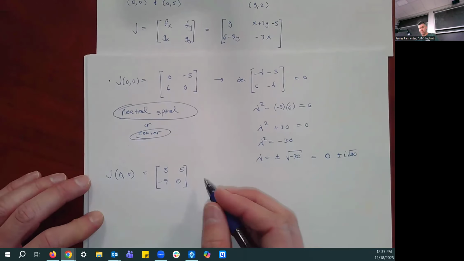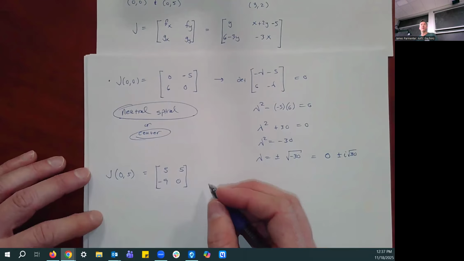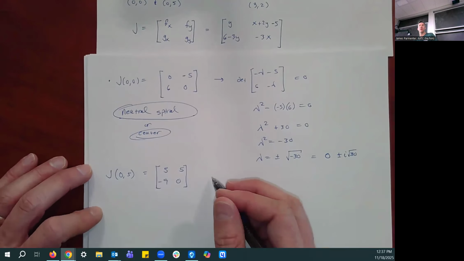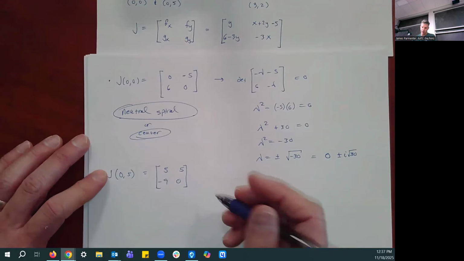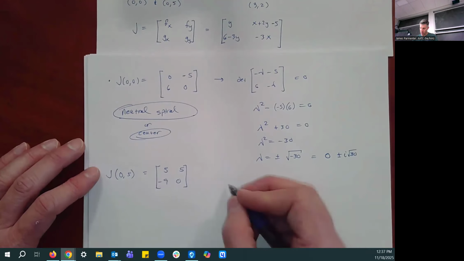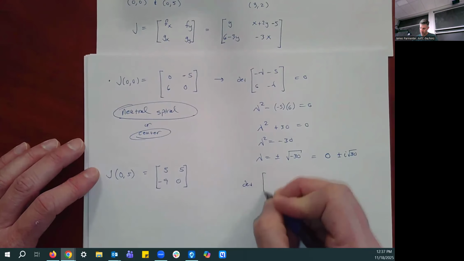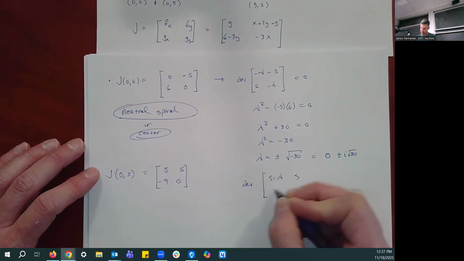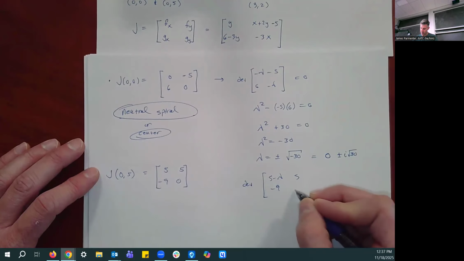So let's see here. I would also point out you could use the trace determinant criteria if you're comfortable using that. But it's really usually not easier in my opinion. So we're going to have the determinant of 5 minus lambda, 5, negative 9, 0 minus lambda.